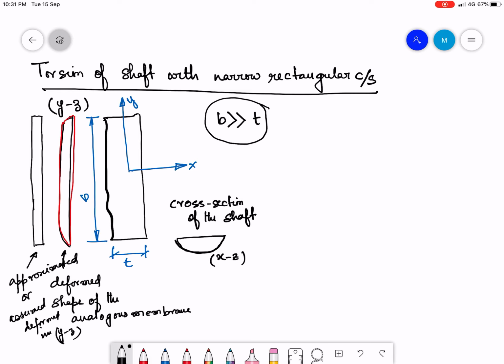For this approximated deformed shape, the stress function phi is independent of y.